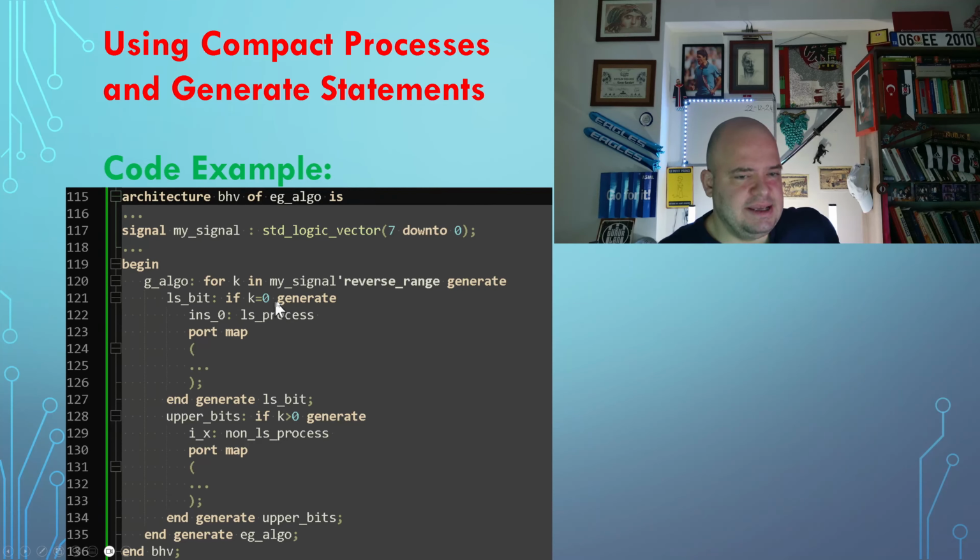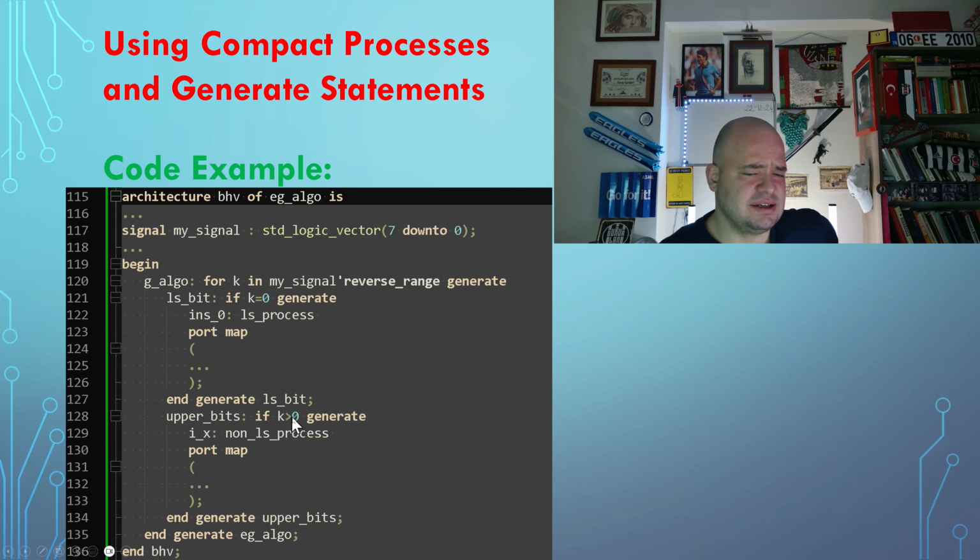And if k is equal to 0, there is an if generate statement, then that instantiation of the LS process, least significant bit process, this is an example component. So this is the instantiation of LS process when k is equal to 0.